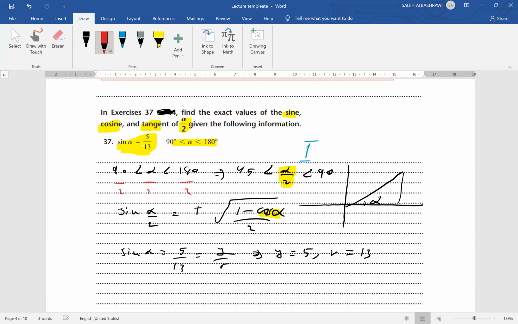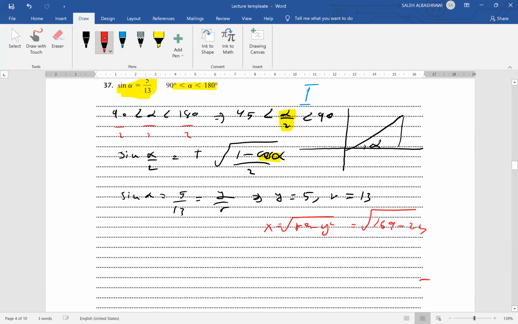So we can find x. It will be the square root of r square minus y square, which is 13 square, 169, minus 25.